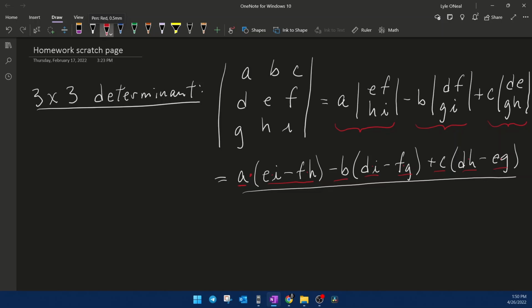And even I'm getting confused saying all these different letter combinations, but this is the way that MyLab Math and most teachers would present the lesson as far as calculating a 3 by 3 determinant by expanding around minors.